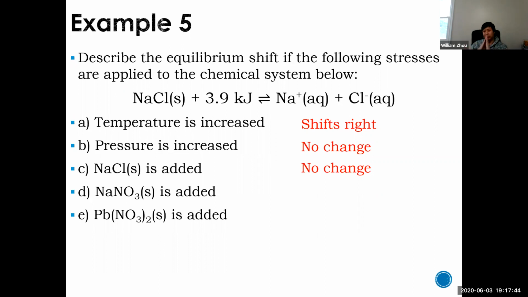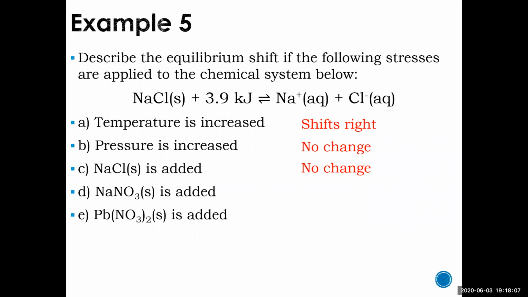What happens? To the right. Why do you say that? Because if you dissolve it, then it creates more ions, like sodium ions, and also nitrate.